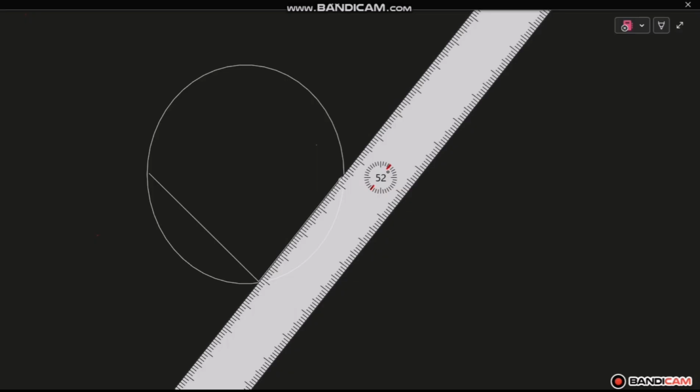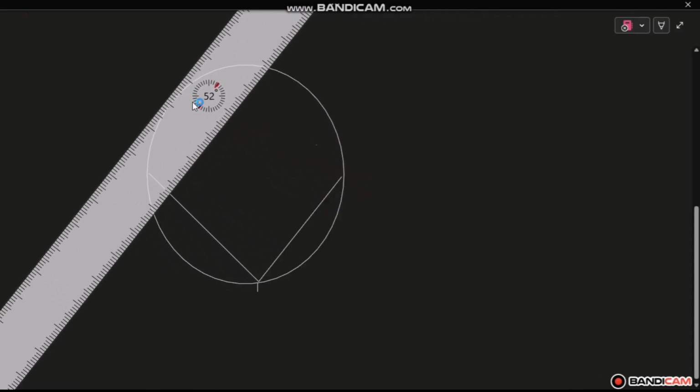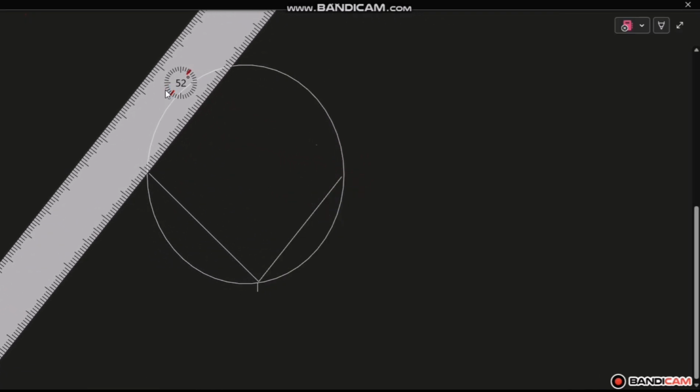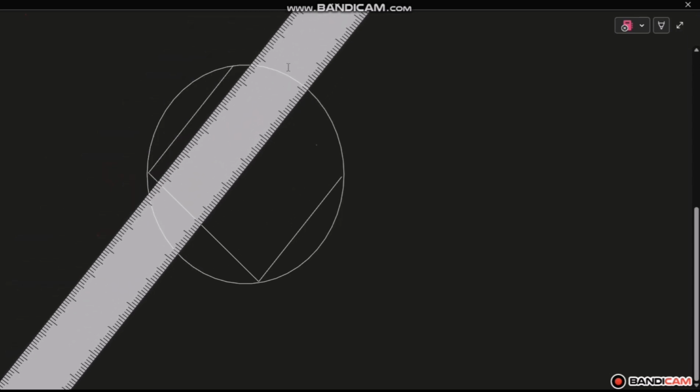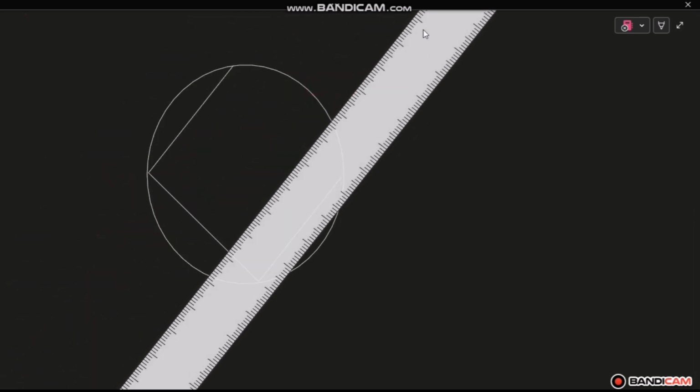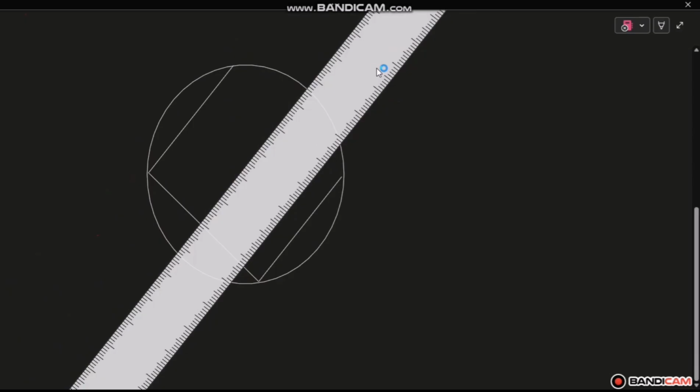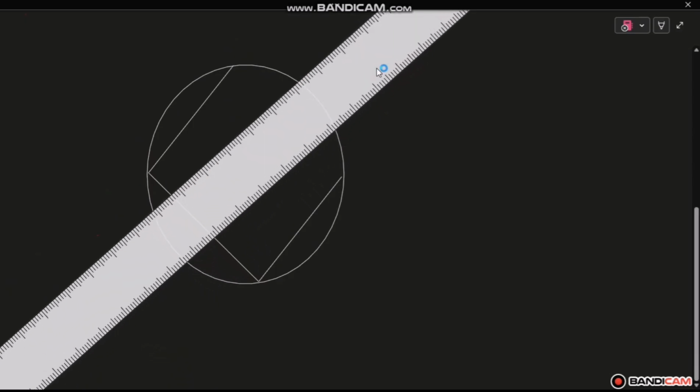So let's draw our quadrilateral inside the circle. Let's try to do it also here. I think it is adjusted. Yes, let's draw the last line for it to become a quadrilateral.